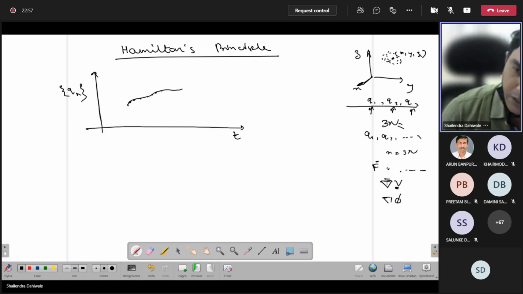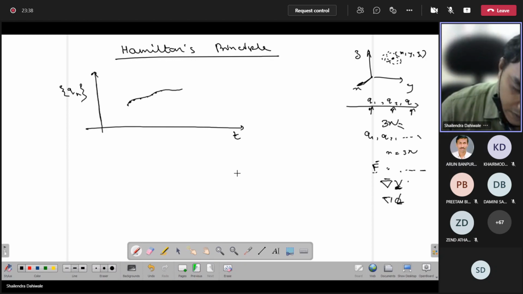This potential may be a function of distance, of velocities, or it may be time dependent. So they can have variables x or the distance, time, or velocities. They can be anything.